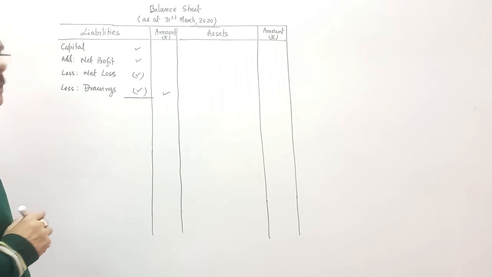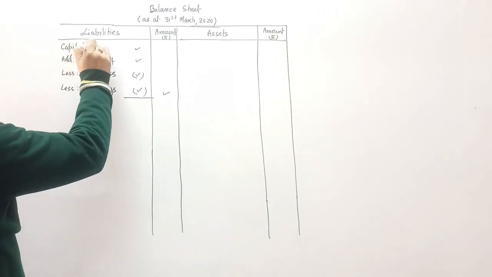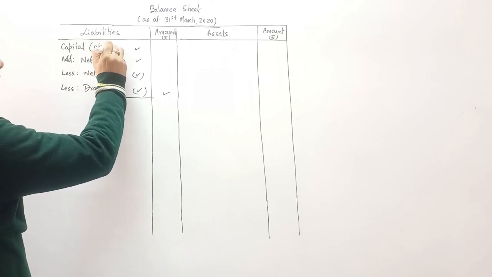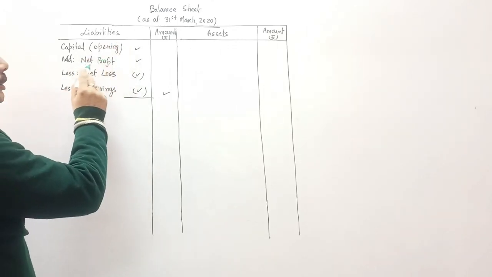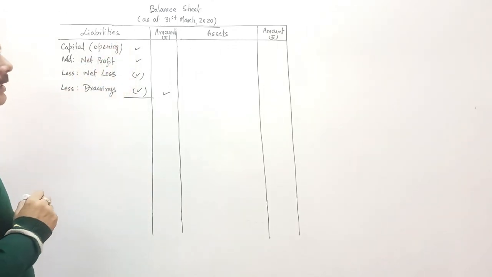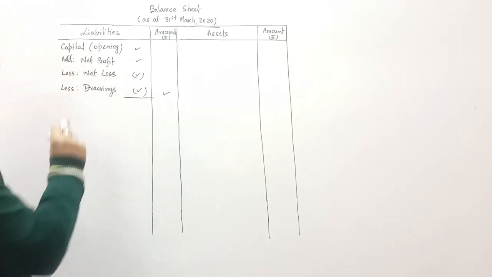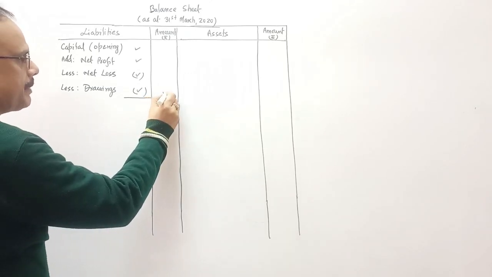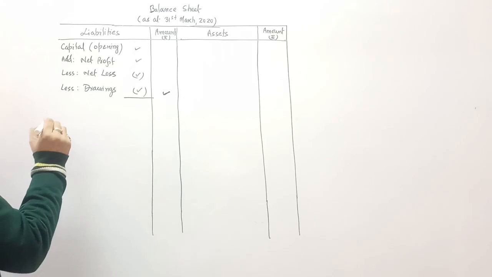So this capital is the opening capital, the capital at the beginning of the year, the first day of the year. On that capital you add the net profit if any, or deduct the net loss if there is one, and deduct the drawings. So this is the closing capital.